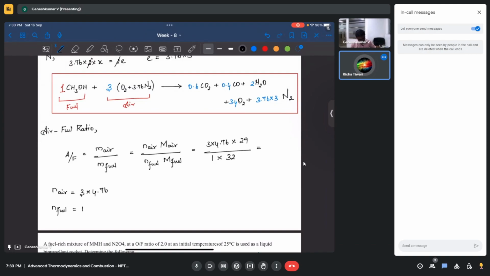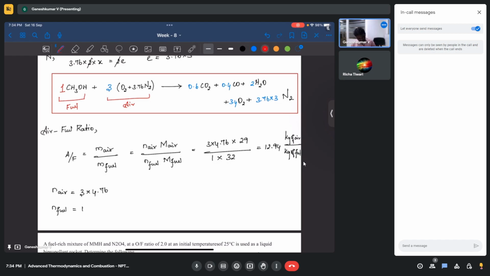Twelve point nine four. Actually, it would be no unit, but it is better to write it as kg of air by kg of fuel.